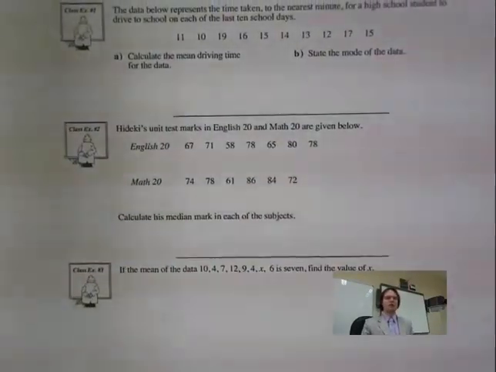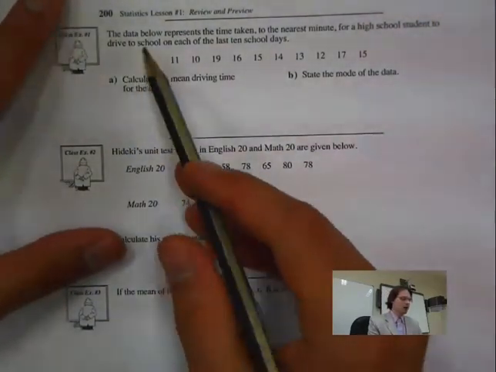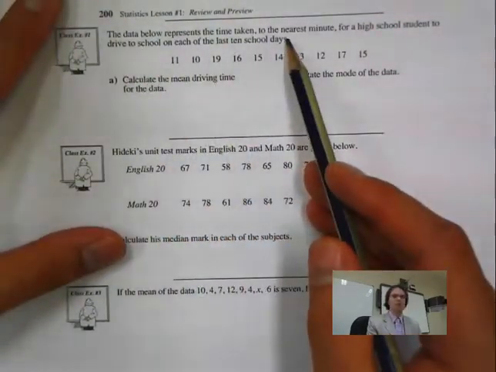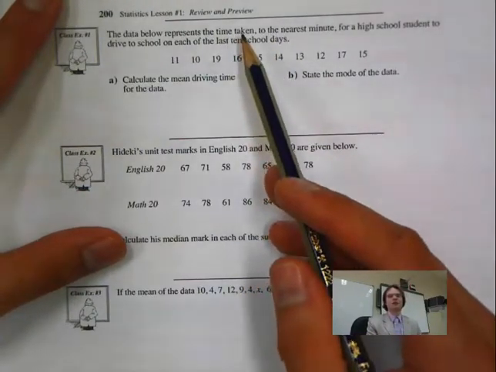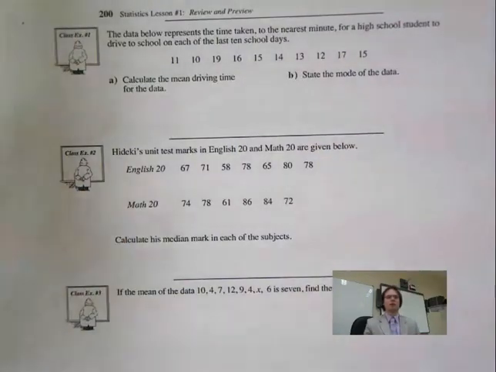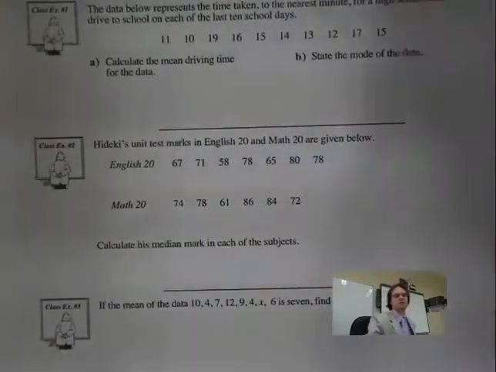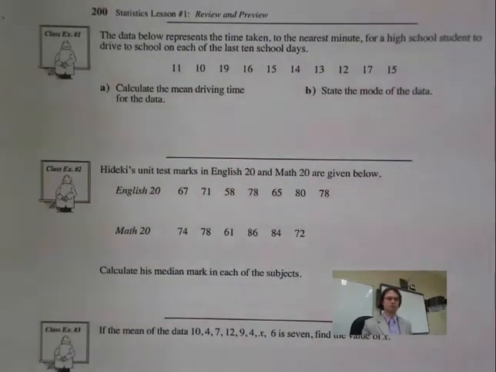So here we have some examples on how to find mean, mode, and median. The first one says the data below represents time taken to the nearest minute for a high school student to drive to school on each of the last 10 school days. Calculate the driving mean for the data.